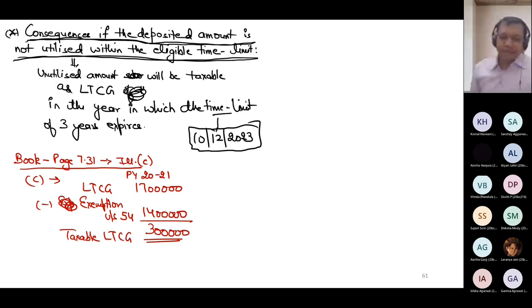Now suppose in the same illustration where I have deposited 14 lakh till the due date of filing return of income, suppose I have utilized 13 lakh for purchasing the house till 9th December 22. Now this is what the question says.